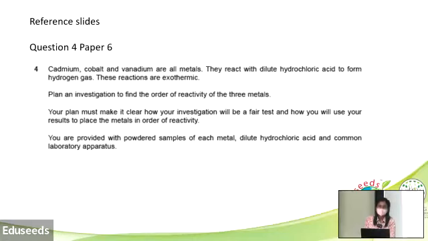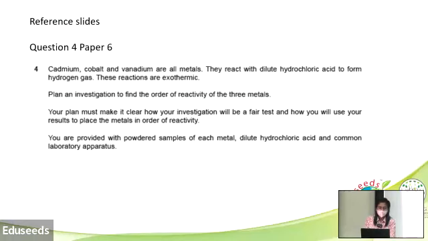Here, the rate of reaction or reactivity of the metals will be the responding variable, and the amount of the metal used will be the control variable. You need to make sure the mass of metals used is the same.